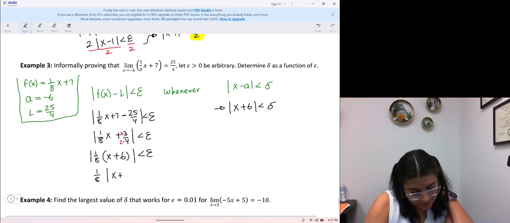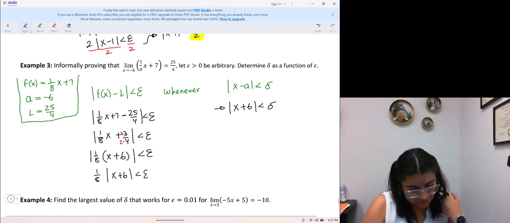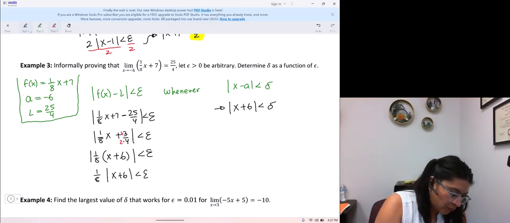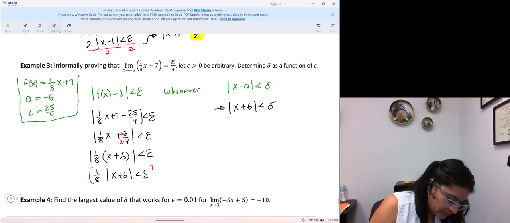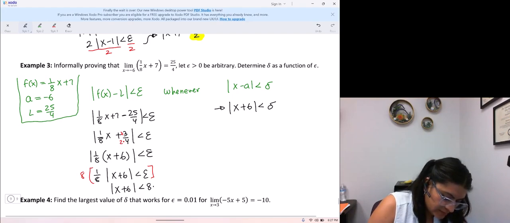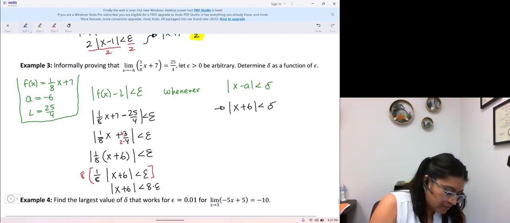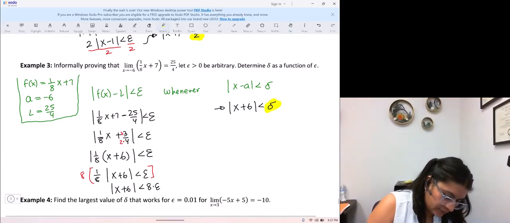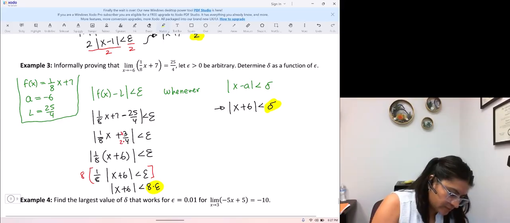Absolute value of x plus 6 less than epsilon. And in this case, you can divide both sides by 1 over 8 or multiply everything by the reciprocal of 1 over 8, which is 8. So the absolute value of x plus 6 is less than 8 times epsilon. So in this case, we say that delta equals 8 times epsilon.